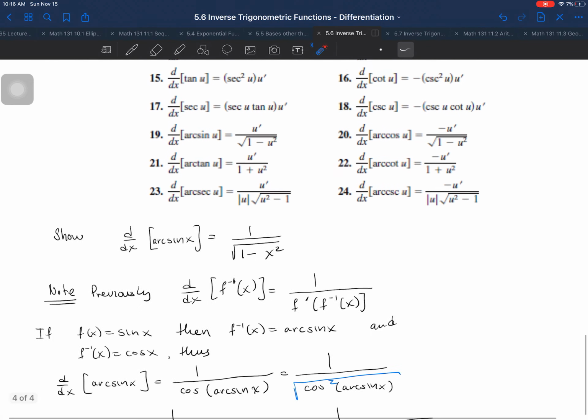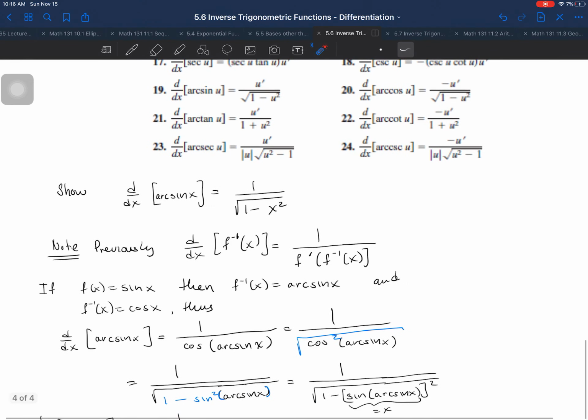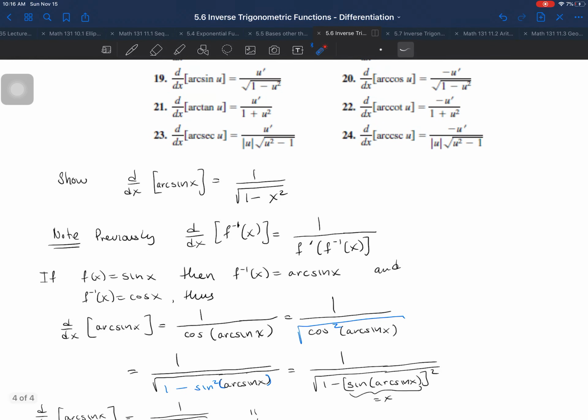So here we're done, but I'm gonna show you guys how we are able to come up with one of the rules here, right? That's one of the trig, the derivative of one of the trigs.